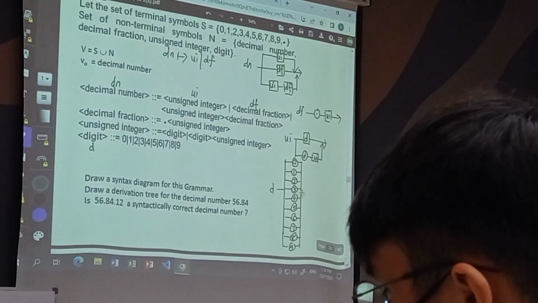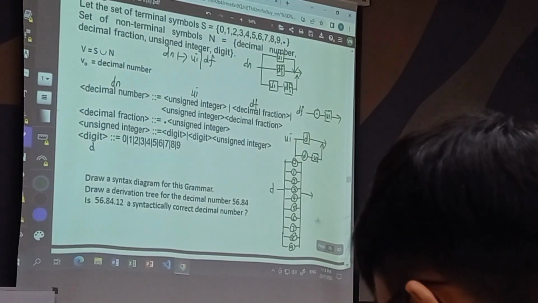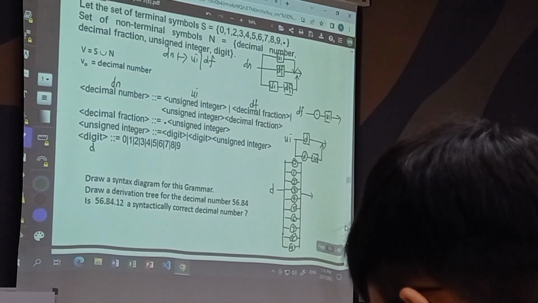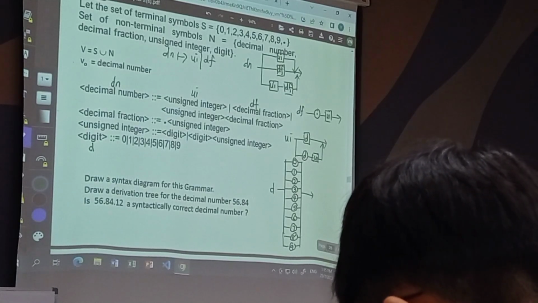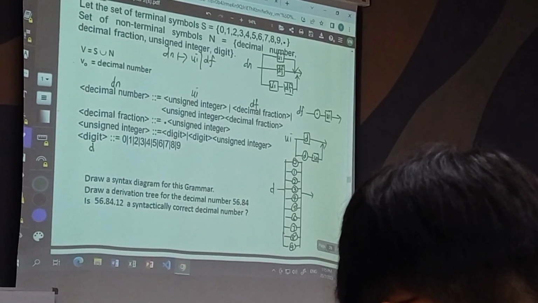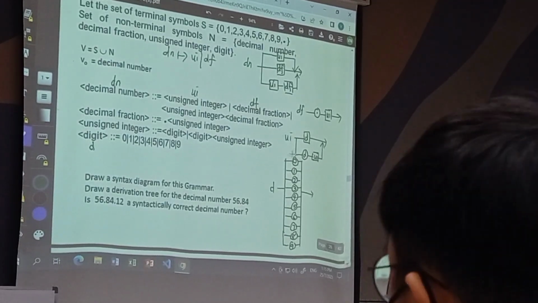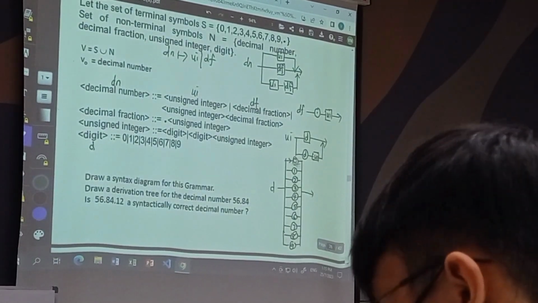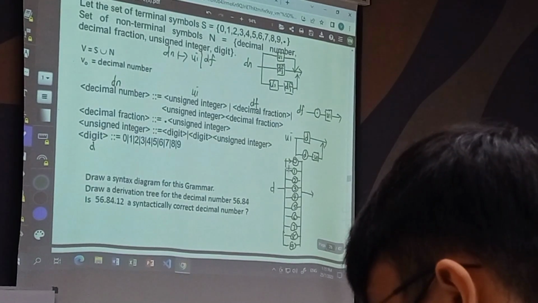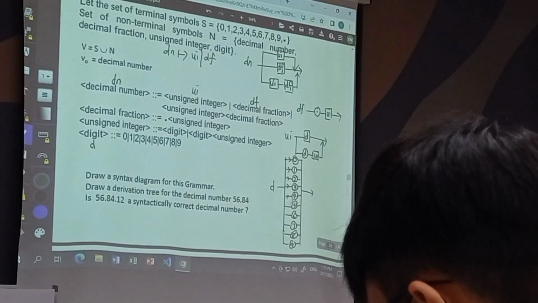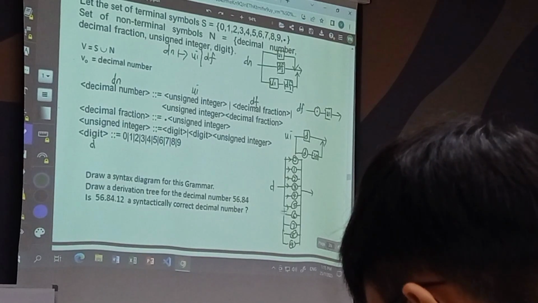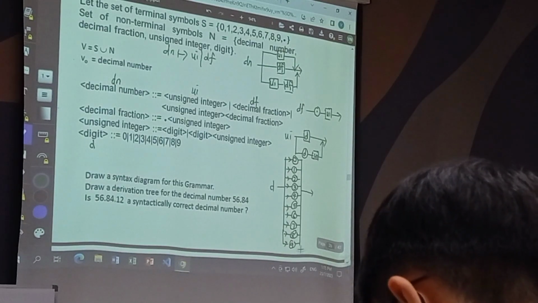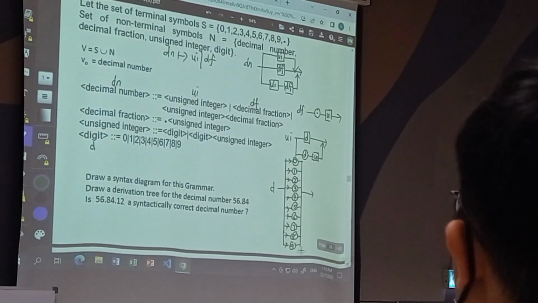Then this one you can go up. Or also have the arrow here because you will go to the right, isn't it? So 0, 1, 2, 3, 4, 5, 6, 7, 8, 9. All are alternative. Either one, you can replace it with the digit.